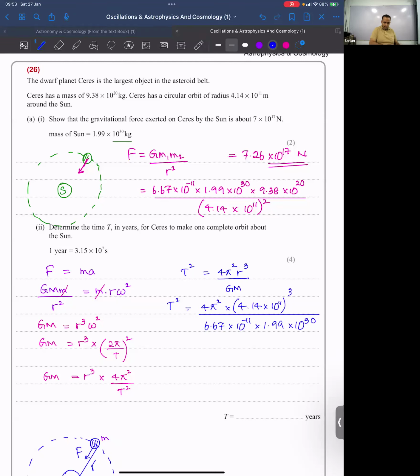So this will give you the T square. Take the square root, that will be the T.